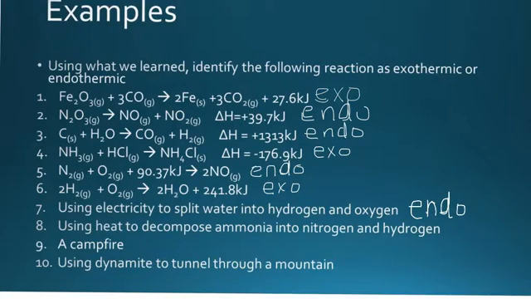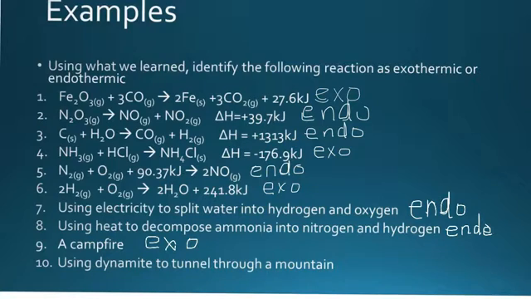Number 8, using heat to decompose ammonia into nitrogen and hydrogen. Again, the heat is going into the reaction, it's needed for the reaction to take place. So again, this will be another endothermic reaction. A campfire gives off a lot of heat, so that's going to be exothermic, as the heat's exiting that system.